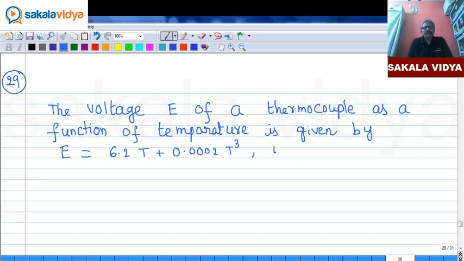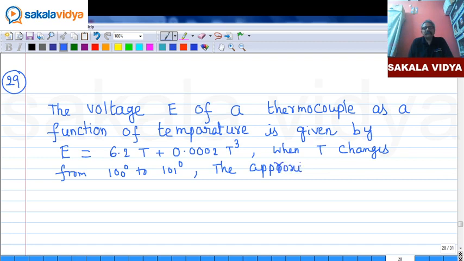When the temperature changes from 100 degrees to 101 degrees, the approximate change in voltage E is?